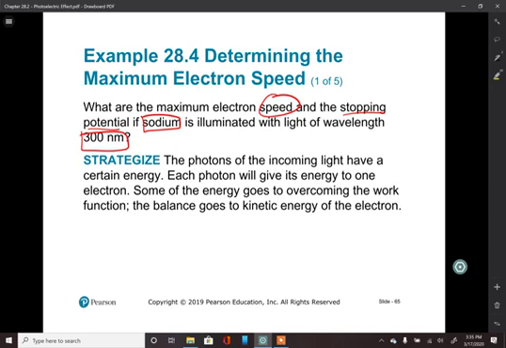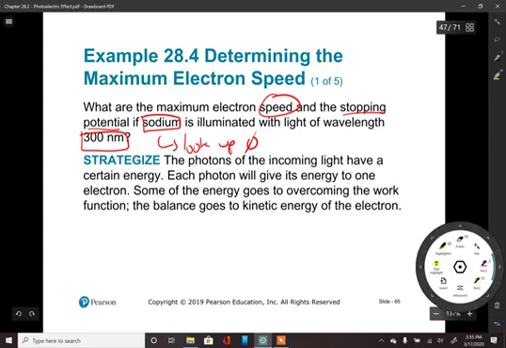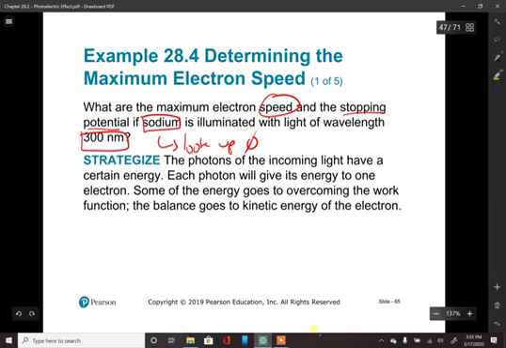So when I see the word sodium, that means look up the work function. If I know the work function of sodium and the energy associated with light of that wavelength, then I can find the kinetic energy left over. And if I know the kinetic energy left over, I can find the speed. So let's put those pieces together.